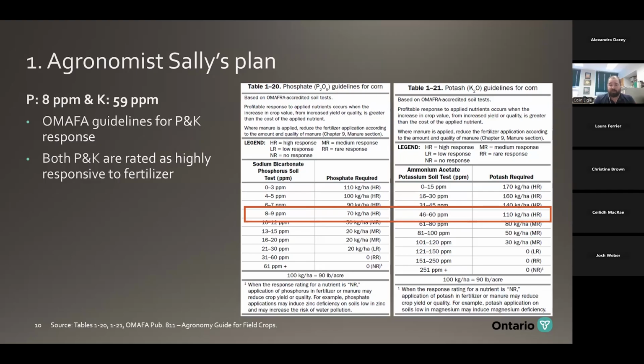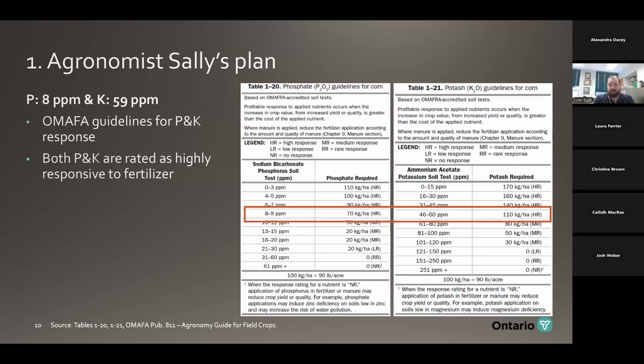As we get down to higher soil test levels further on in the charts, we can see that at, for example, 40 parts per million of phosphorus, our recommendation is 0 phosphate required because we get a rare response. It really doesn't pay to apply to that particular field in a high percentage of cases, and so we'd save our money there.